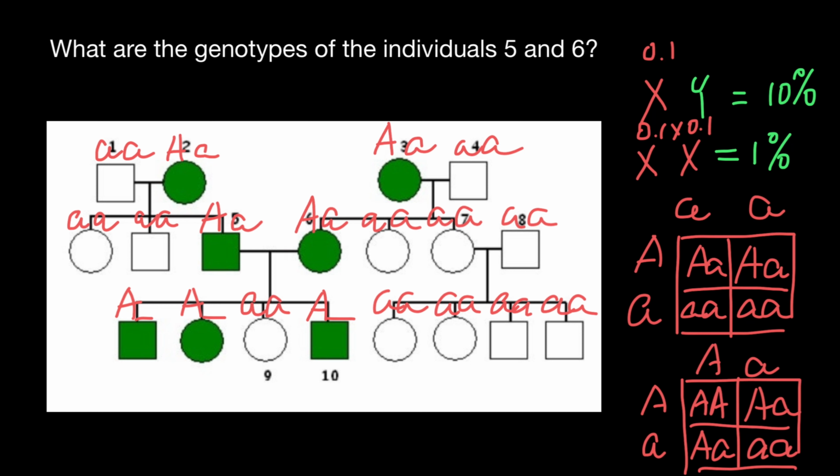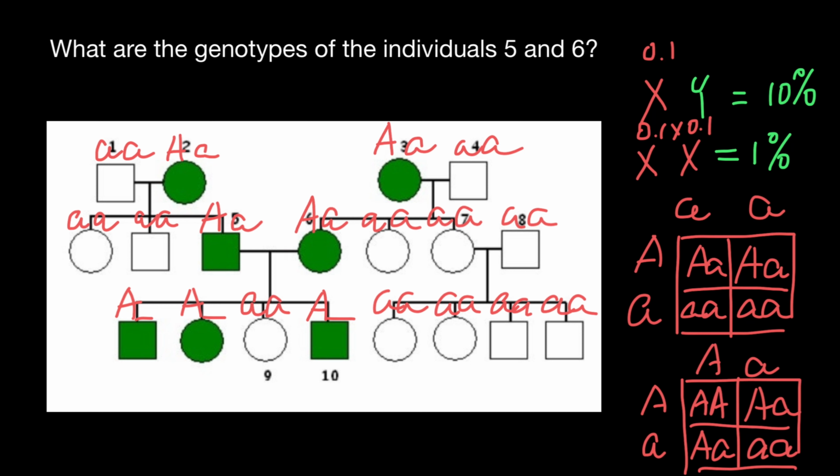Some of you may also ask, can it be an X-linked dominant genetic disorder? As I said, if it were an X-linked recessive genetic disorder, we would see that the ratio of affected males and females is different. But what if it is an X-linked dominant genetic disorder? Let's take a look.